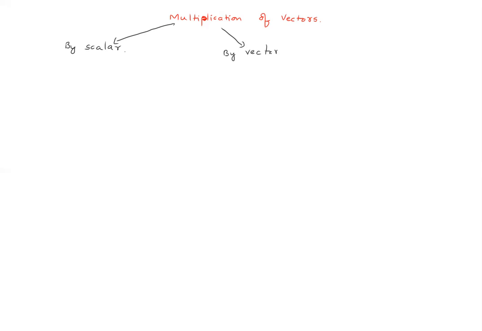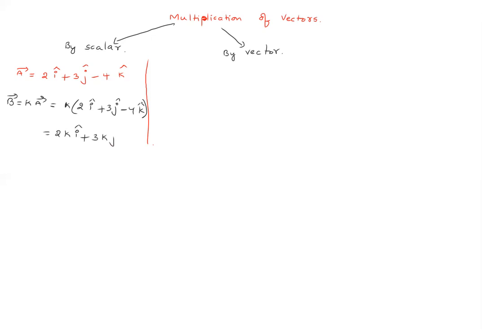A single vector you can multiply with a scalar. For example, if you are taking a bar is equal to 2i cap plus 3j cap minus 4k cap, and you are multiplying it with a scalar, that is, if you have some b bar is equal to some k times a bar, then this will become k times 2i cap plus 3j cap minus 4k cap, which will finally become 2k i cap plus 3k j cap minus 4k k cap.